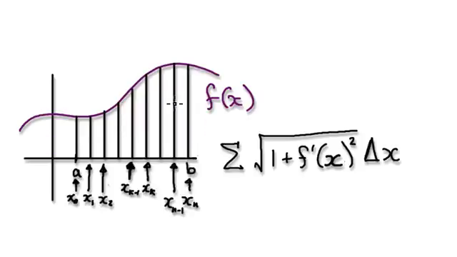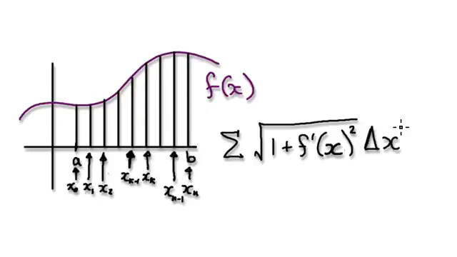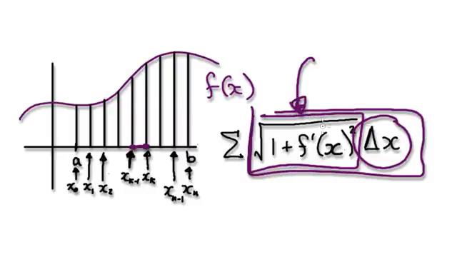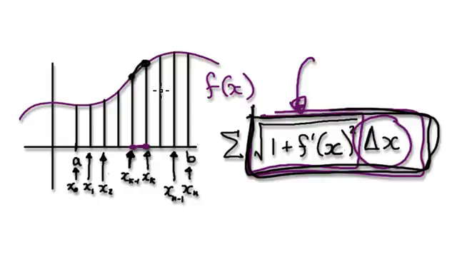Now looking at the arc length, you would start with your width, and then the minute you times this thing here, collectively this whole thing represents a one-dimensional length, and then you would sum up all the lengths. So that would then give you your total arc length.